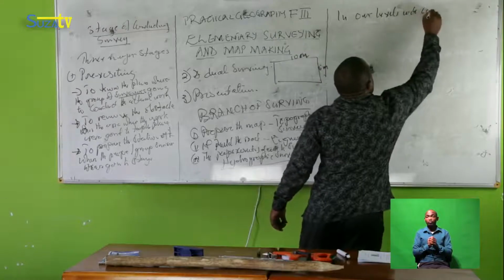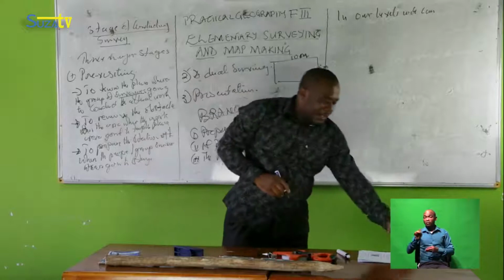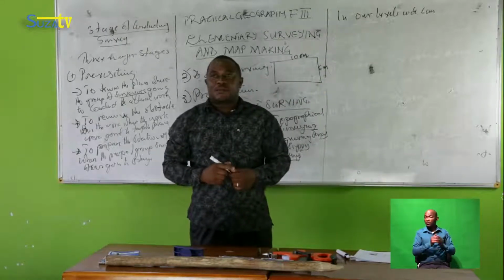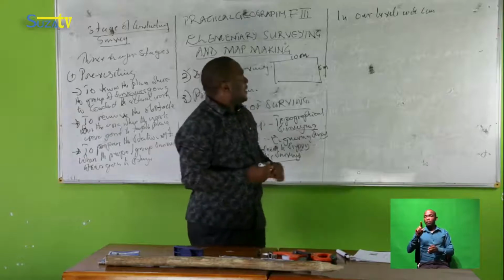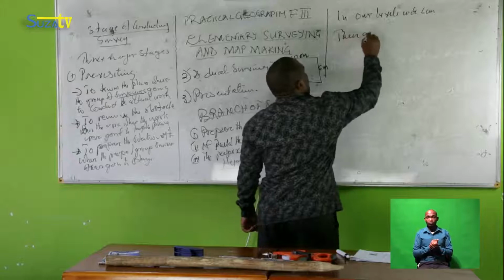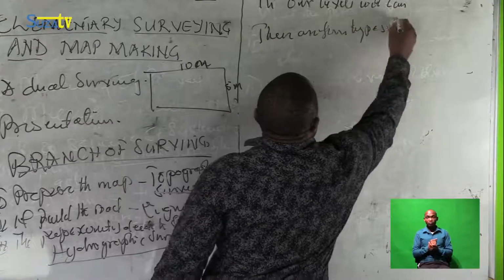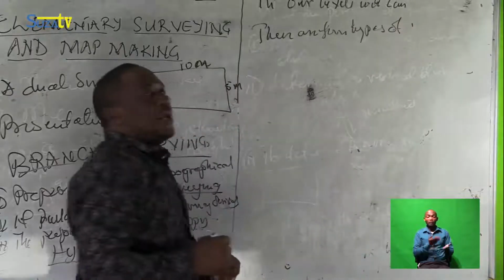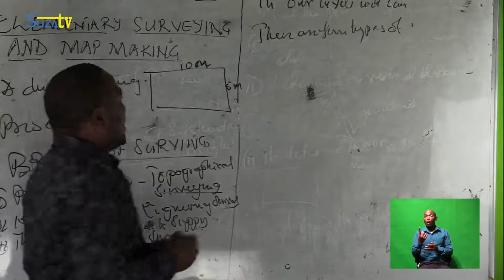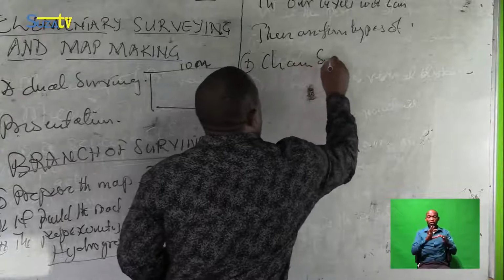In our level, we can discuss or learn the survey according to the method used. There are four types of surveying according to the method used. One, my students, is chain surveying.